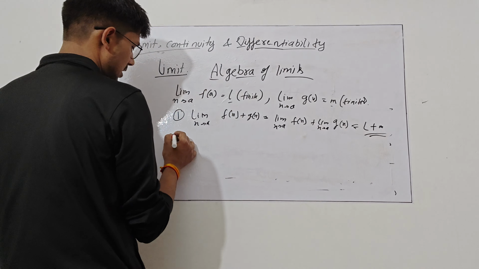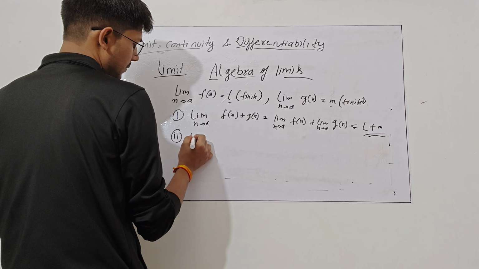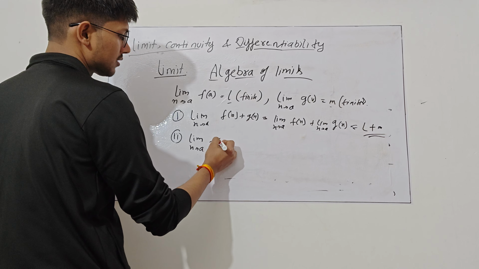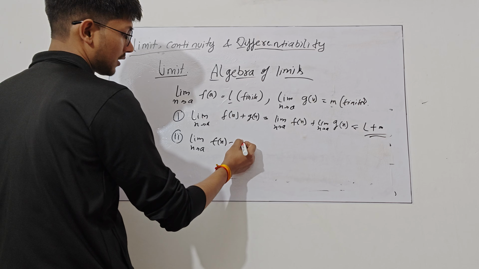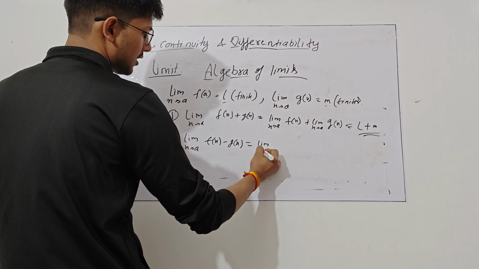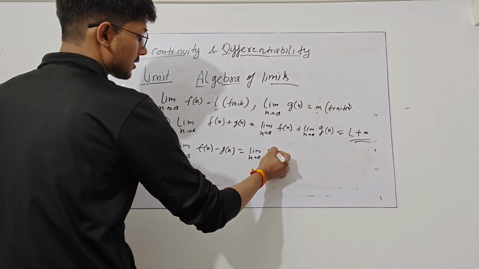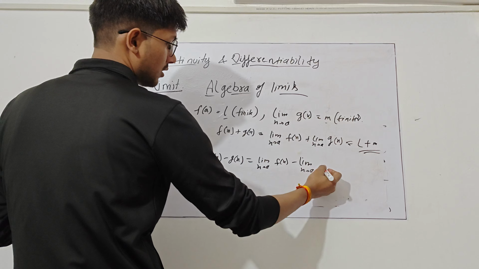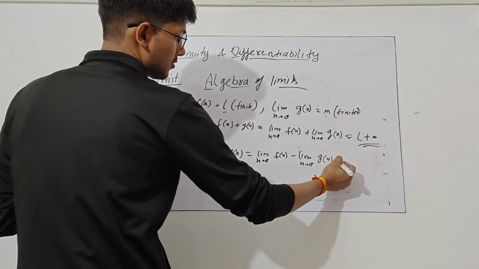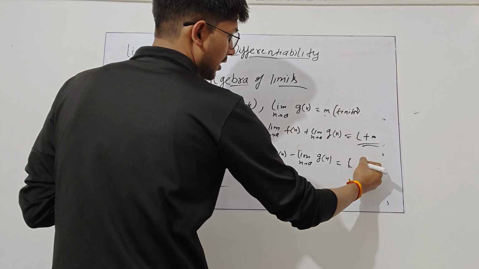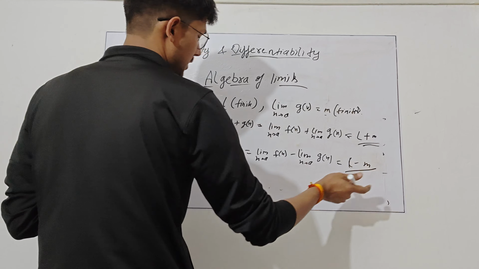The second algebra of limit is limit x tending to a of f of x minus g of x. This also we separate: limit of f of x minus limit of g of x. We know the limit of f is L and of g is m. So L minus m. This also exists.